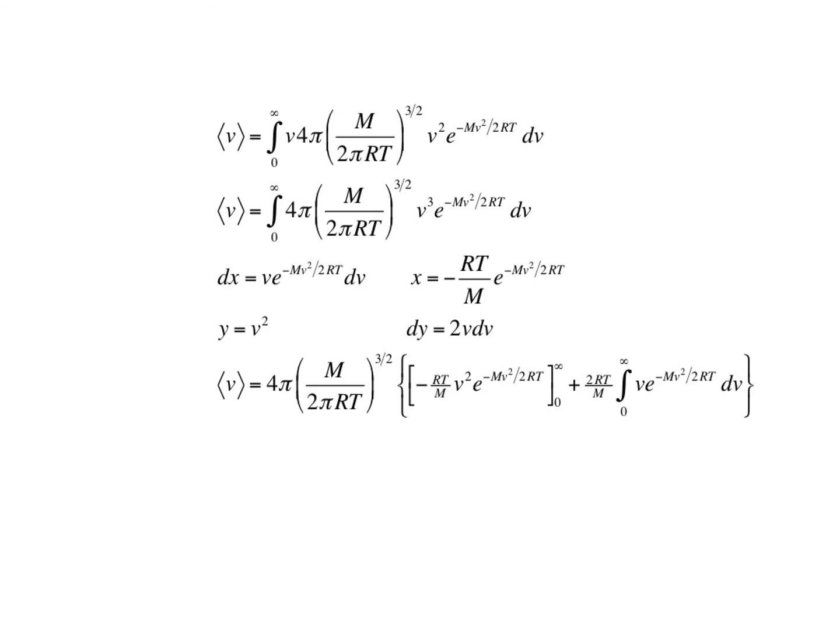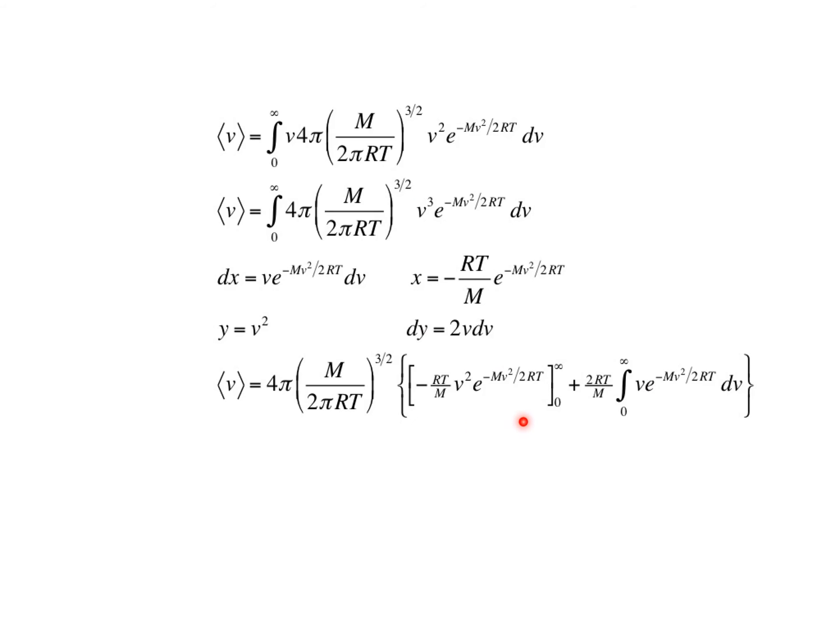So minus a minus gives me plus x dy, 2RT over m, which are constants for this integration, v times e to the minus mv squared over 2RT dv, integrated over the limits of my integration. Notice that I've removed the 4 pi, 3 halves, m over 2 pi RT, because all of those are constants of integration, and I've removed that from my integral before I wrote out my integration by parts.